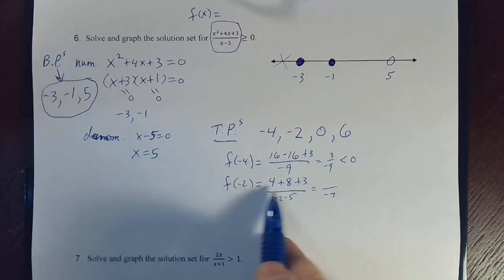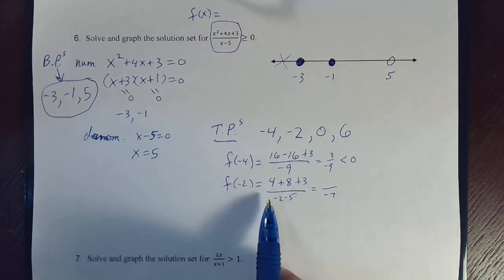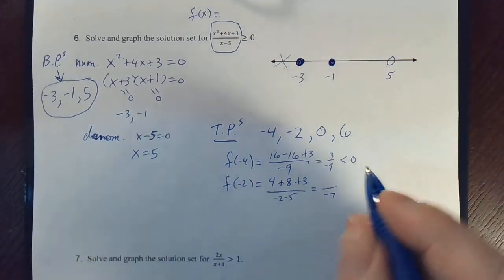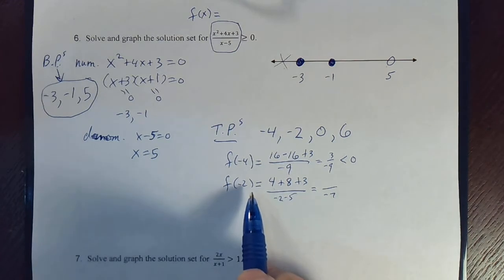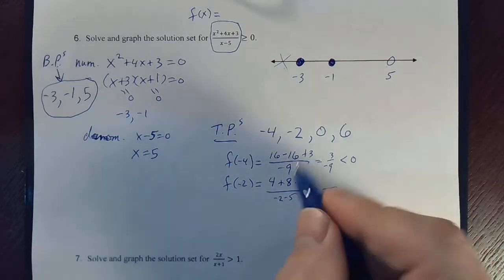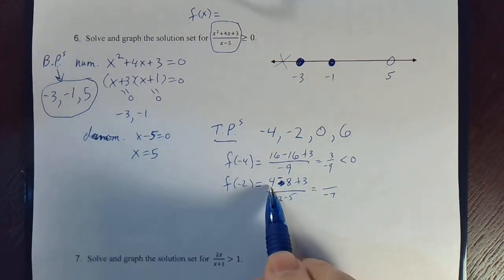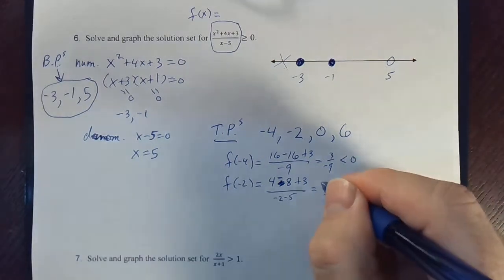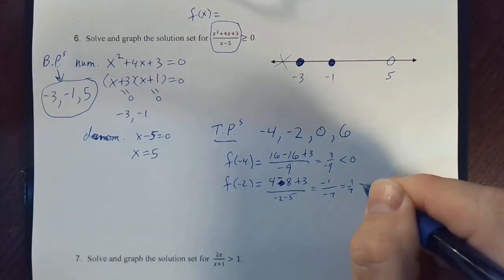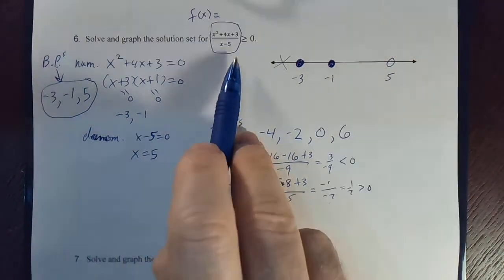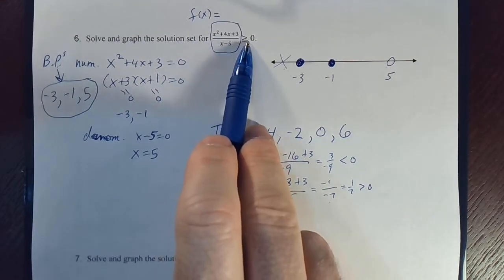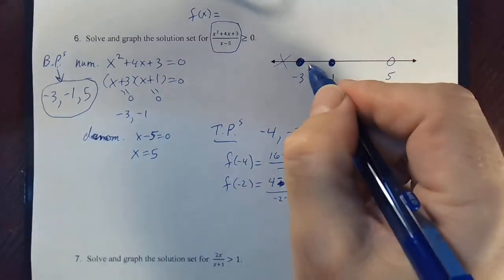So let me double check that. -2 squared would be 4, minus 8, plus 3. What did I do wrong? Oh, it's not plus 8, it's minus 8. So -7 in the denominator; 4 and 3 is 7, 7 minus 8 is negative 1, so we get positive 1/7, which is bigger than 0. And that's good. That's a region, because we want it greater than or equal to 0. We'll shade that entire region.